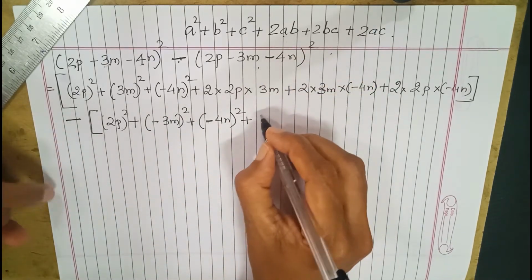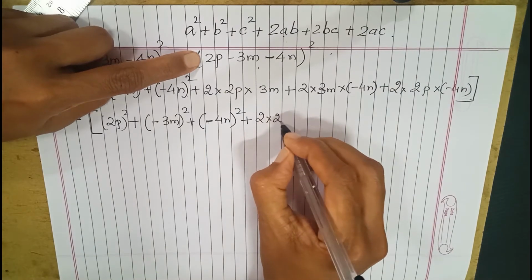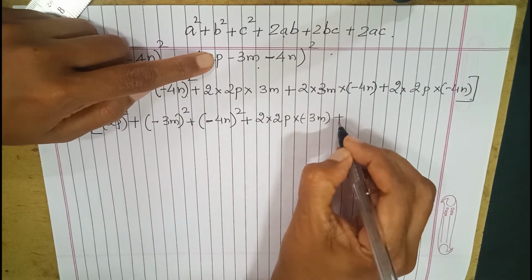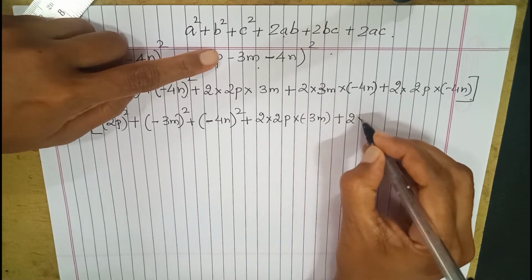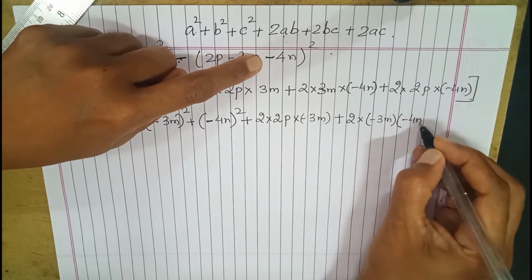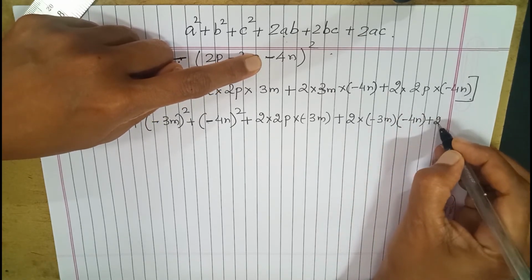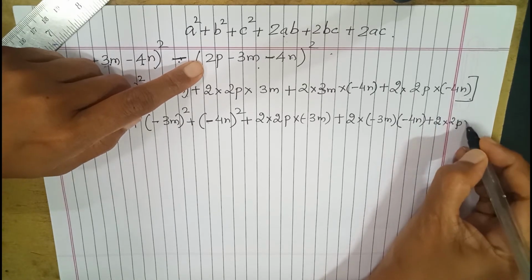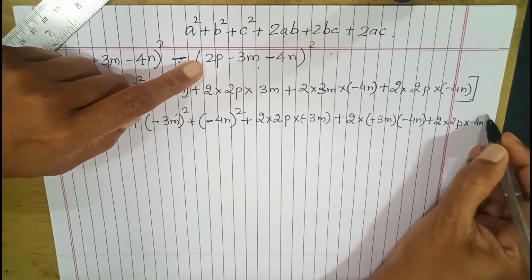Now I take 2ab. So 2 into a into b. Next is 2bc. So 2 into b into c. And last term is 2ac. So 2 into 2p into minus 4n.